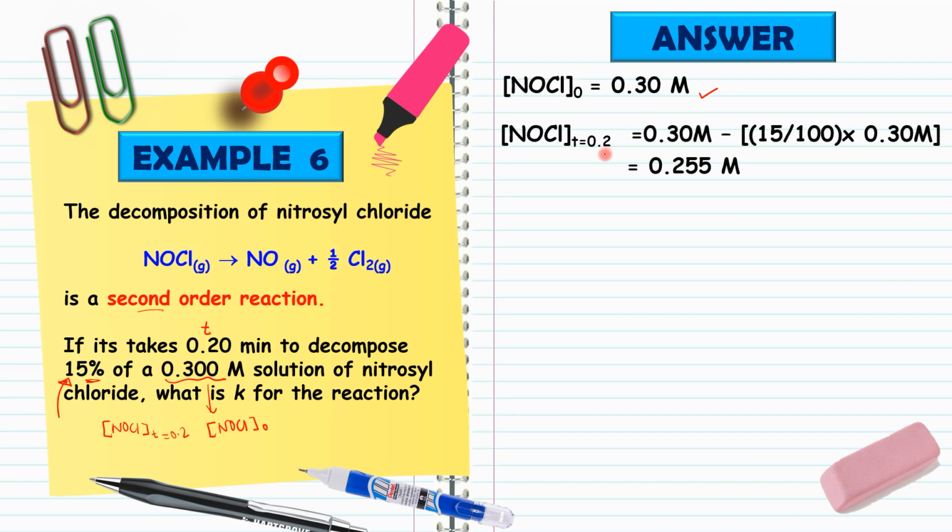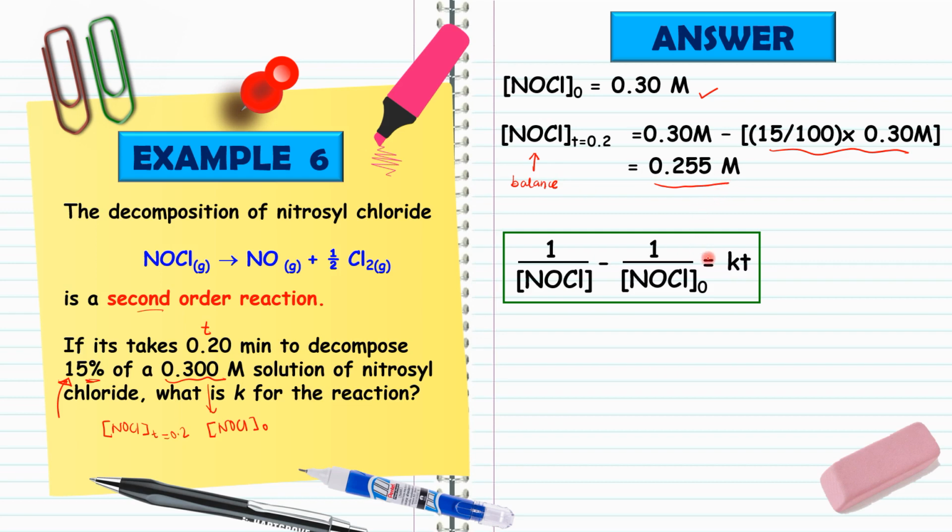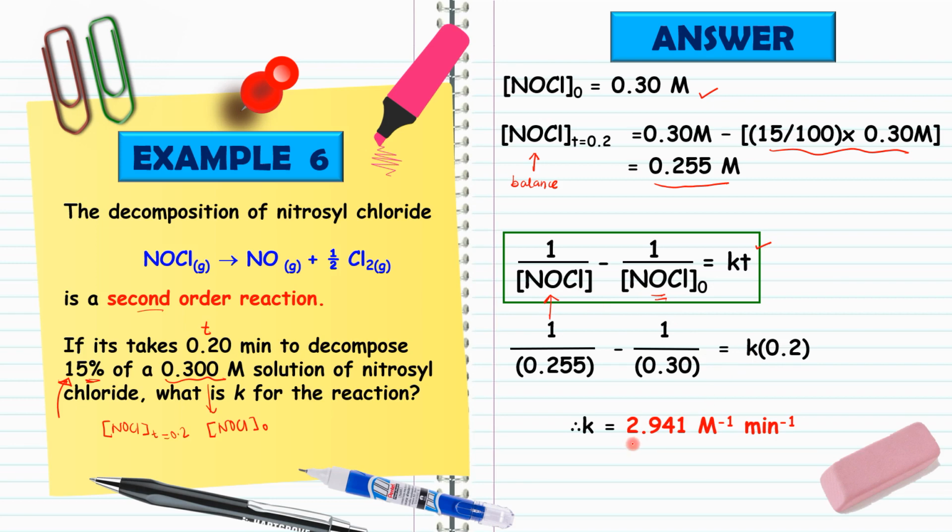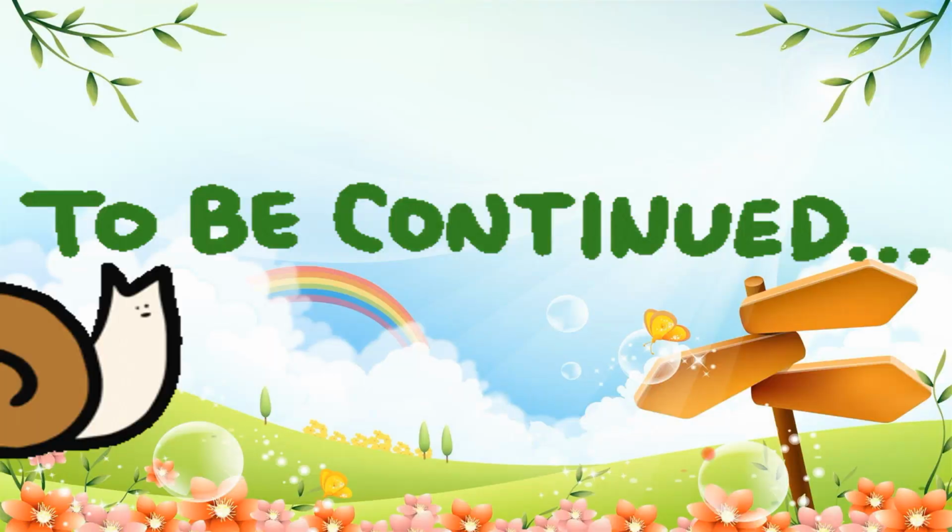So for the concentration of NOCl at T equals 0.2 minute, we have the initial concentration minus the change. This means the balance, or the remaining concentration, the final concentration, is 0.255 molar. Substitute into the integrated rate law equation, and we find the value of K is 2.941 per molar per minute.